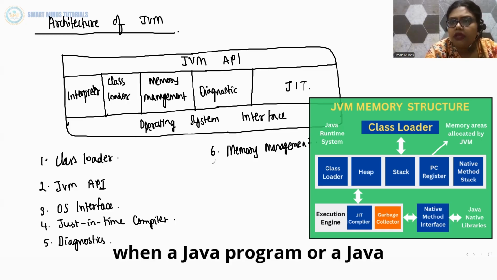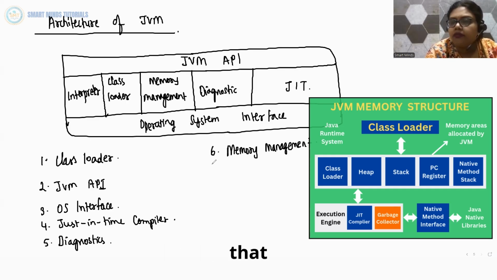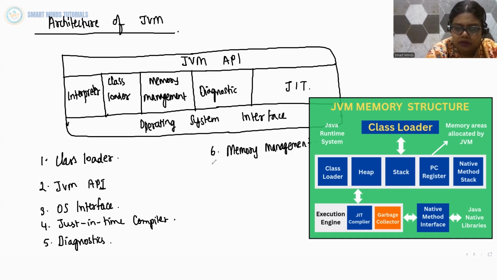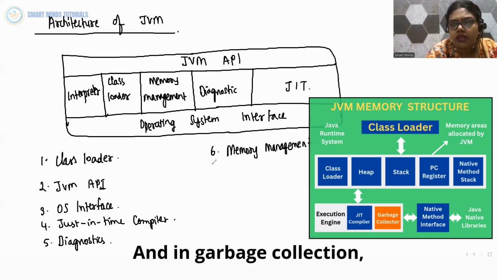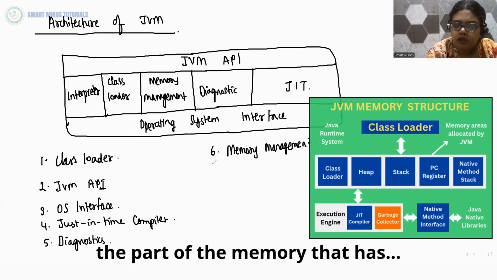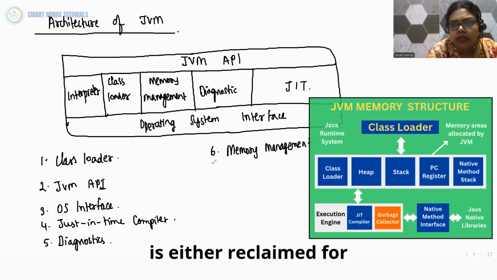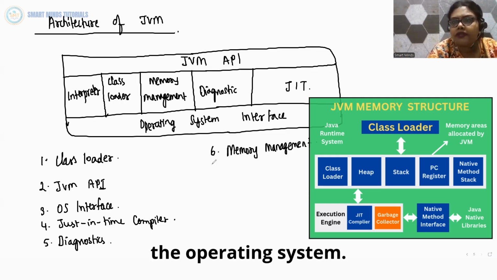For example, when a Java application needs memory, that is called Java heap or simply heap. It also manages garbage collection. In garbage collection, the part of the memory that has not been used for a long time is either reclaimed for later use or sent back to the operating system.